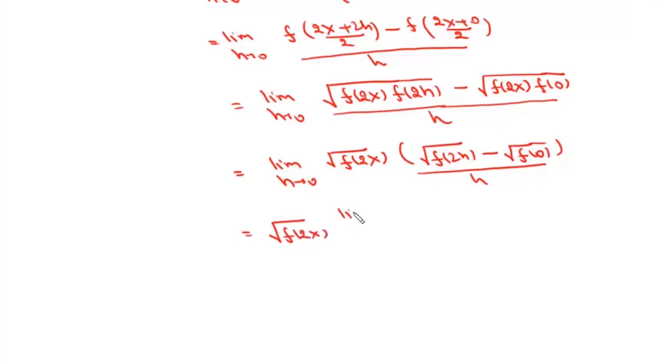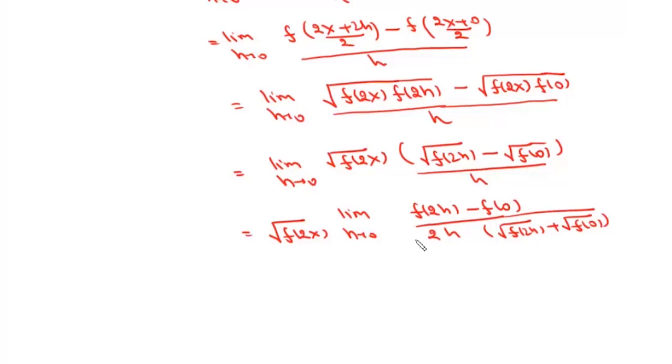Now this is under root of f2x, and we can write this as limit h tends to 0 of f2h minus f0 upon h, and it will be under root of f2h plus under root of f0. Now we'll multiply and divide it with 2. Now we have replaced f x with under root f2x into root f0.